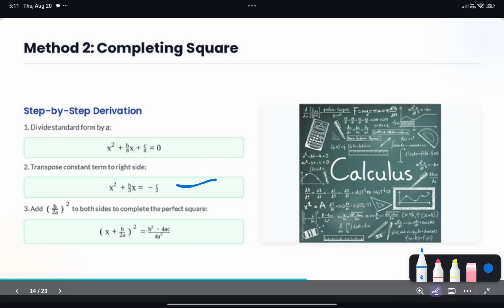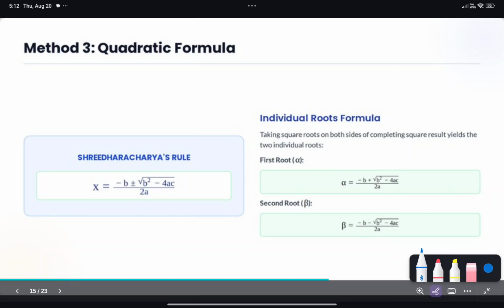Add b by 2a whole square to both sides, completing the perfect square. This is the formula for finding the roots when the quadratic equation has real roots and equal roots.